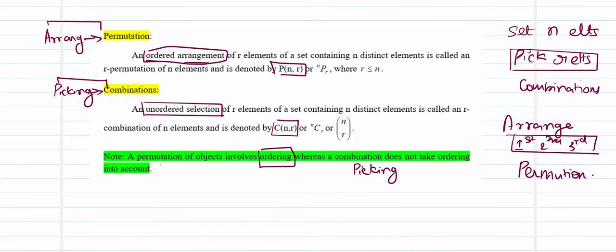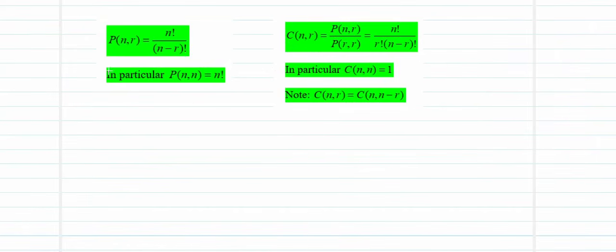This can be represented by the formula n factorial divided by (n minus r) factorial. So first we will see what is meant by the factorial of a number. Factorial is nothing but the product of consecutive integers starting from n and ending with 1.